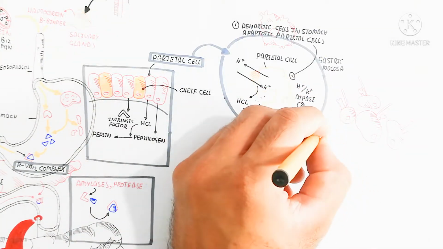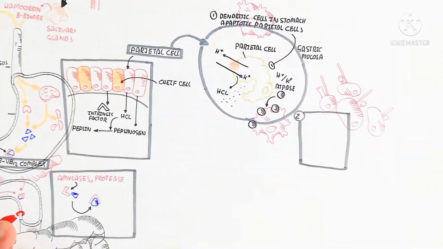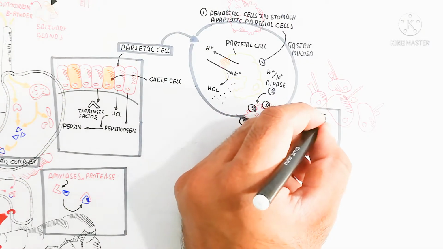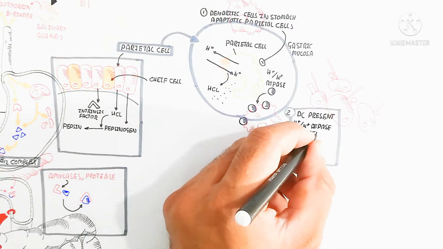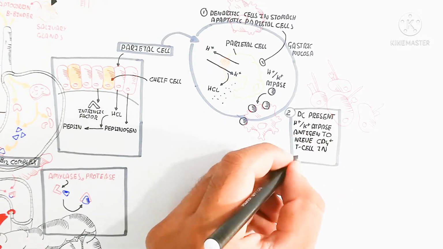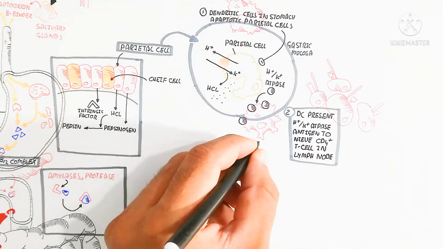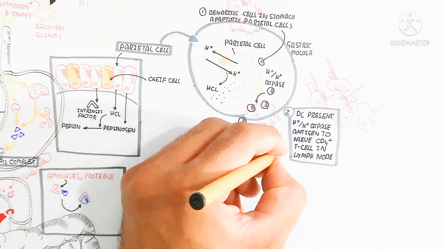The ATPase enzyme will bind with the dendritic cell, which recognizes it as an antigen, and after the recognition, the naive CD4 T cell in the lymph node will be activated. After activation, to produce antibodies, we will discuss the different mechanism due to the B lymphocyte.